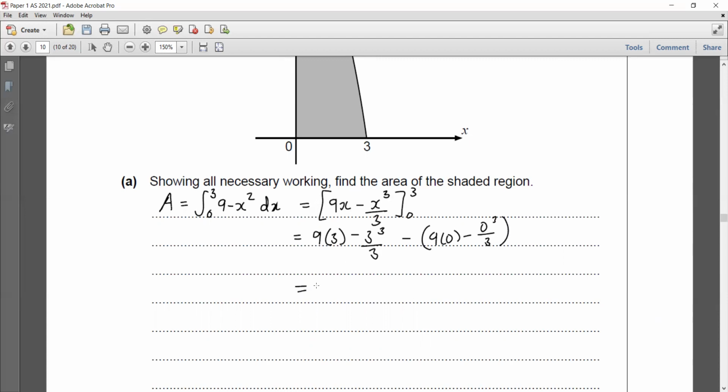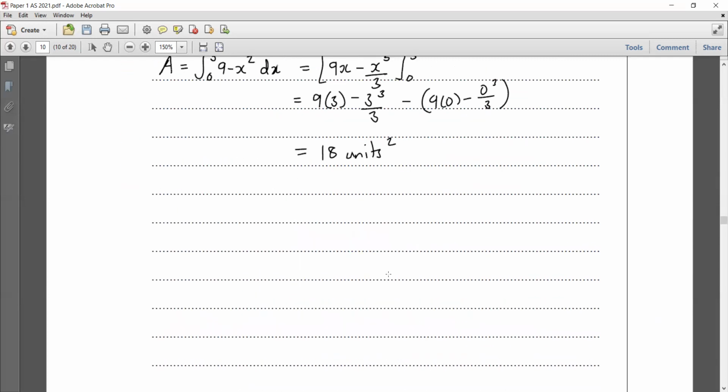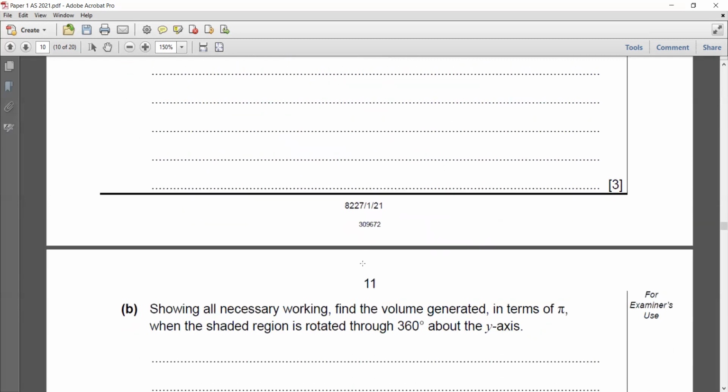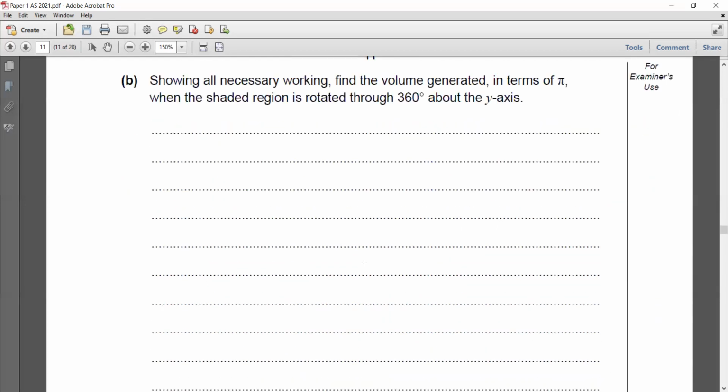So 9 times 3 minus 3 cubed over 3 that you do on your calculator. This is equal to 18. So this is 18 units squared, because it's area.